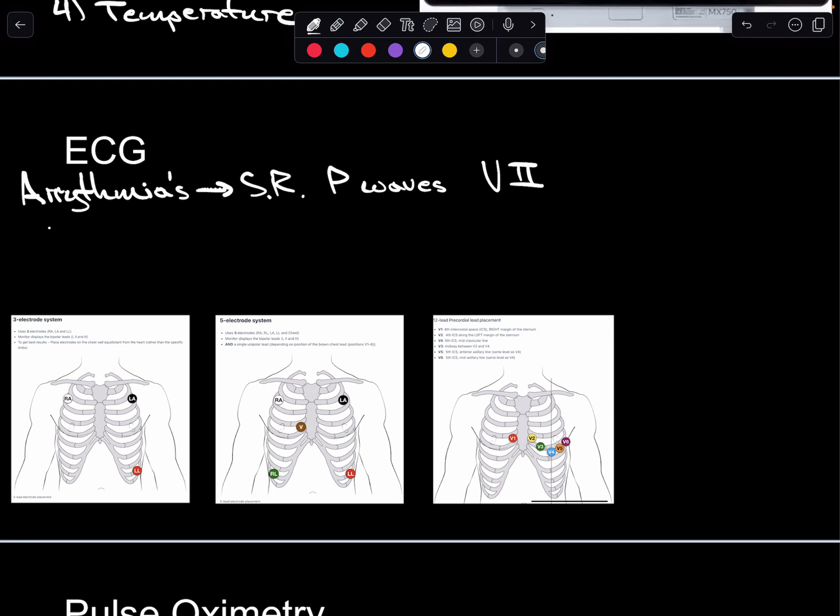If you're ever concerned for ischemia, then your best bet to detect this is going to be V5.